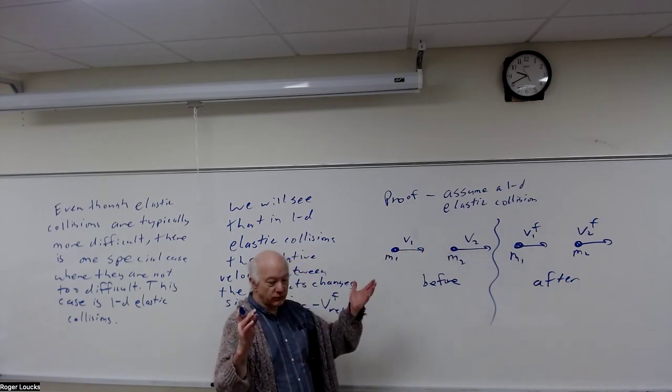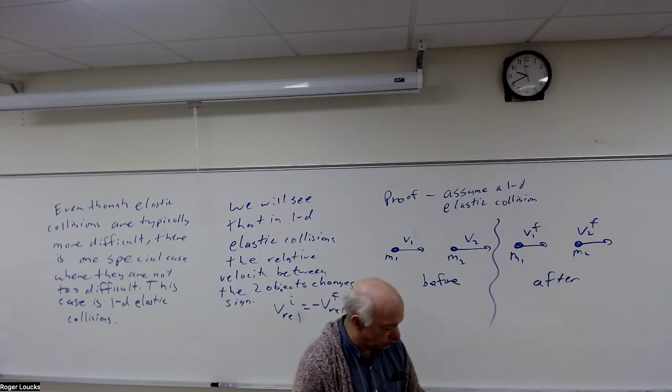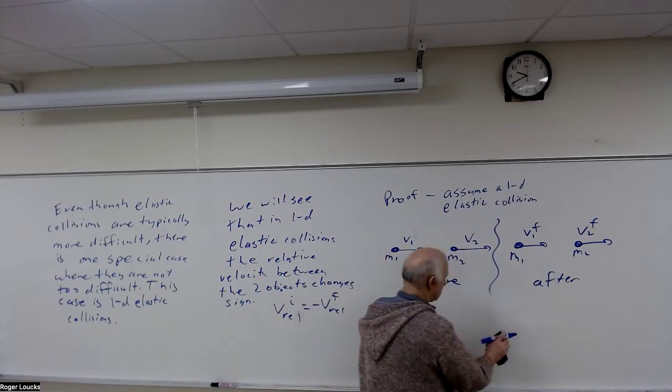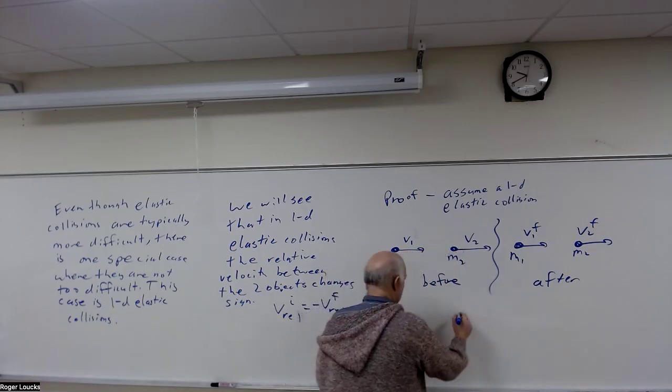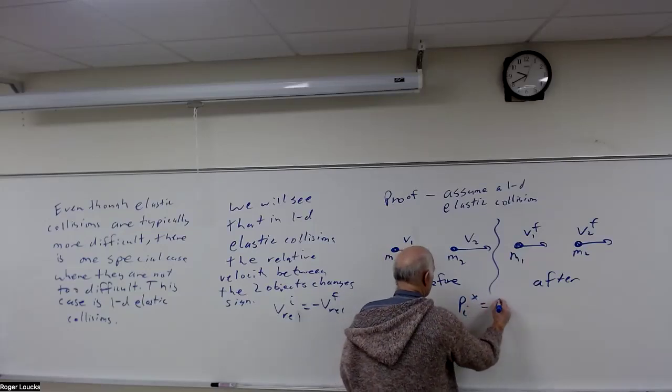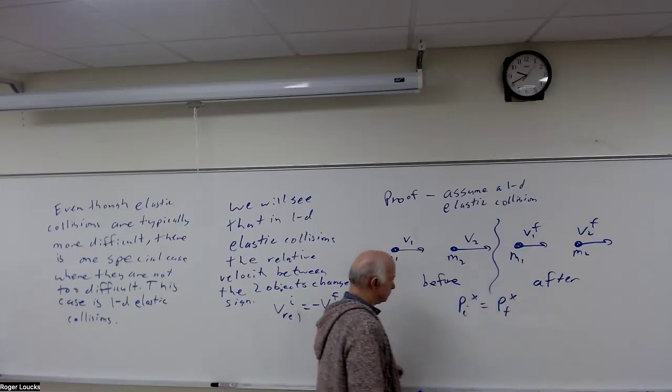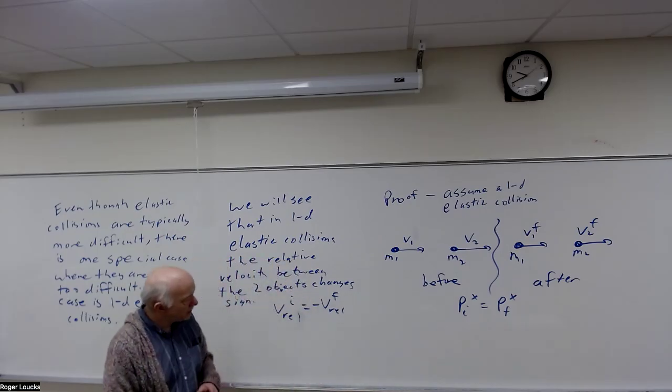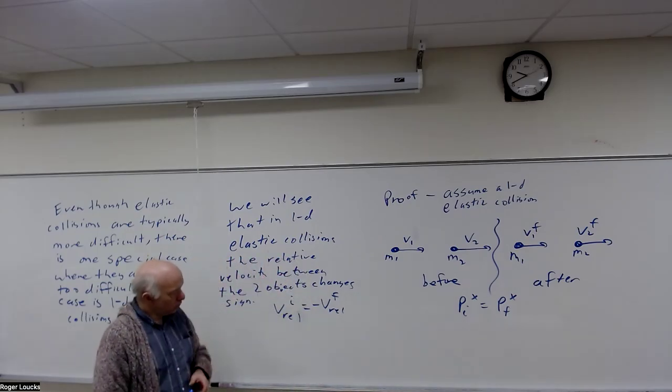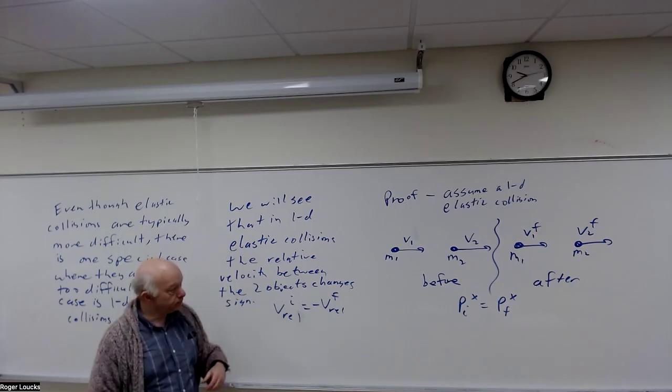So, what's conserved? Linear momentum. So I'm going to say P initial X equals P final X. So from this picture here, what is my initial X momentum?